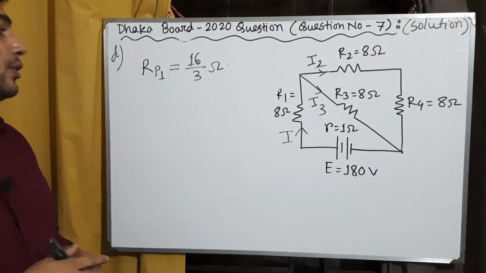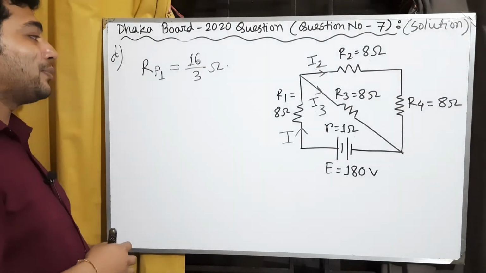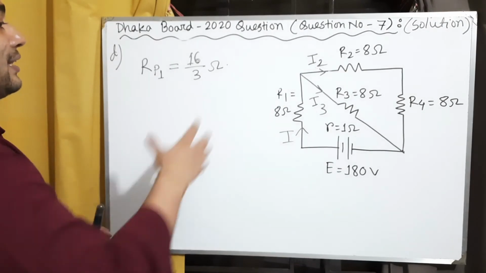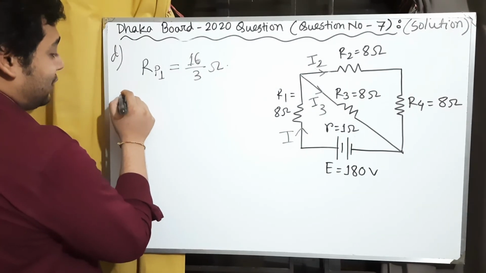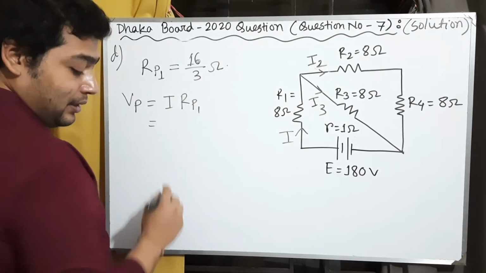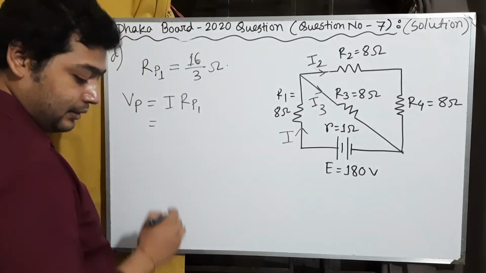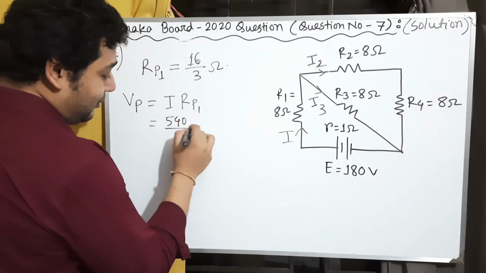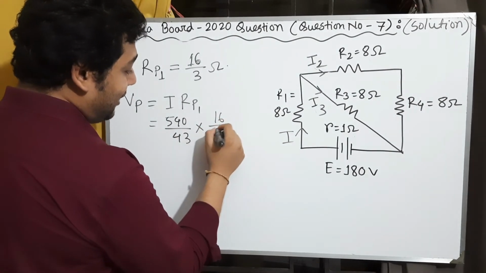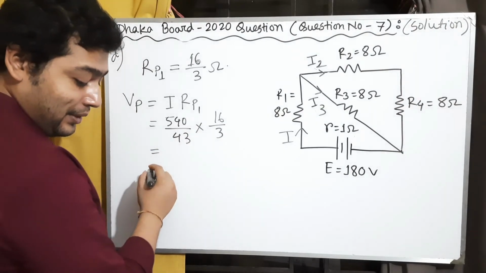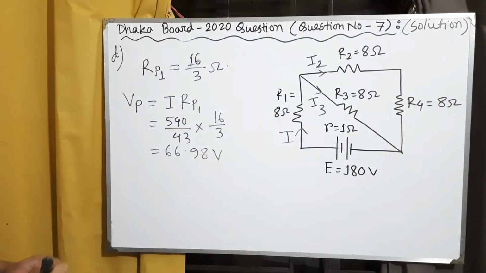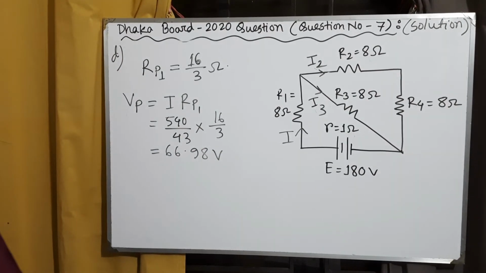If the voltage across this part is Vp, then V equal to I RP1, which is 540/43 into 16/3. Calculating, we get 66.98 volt.